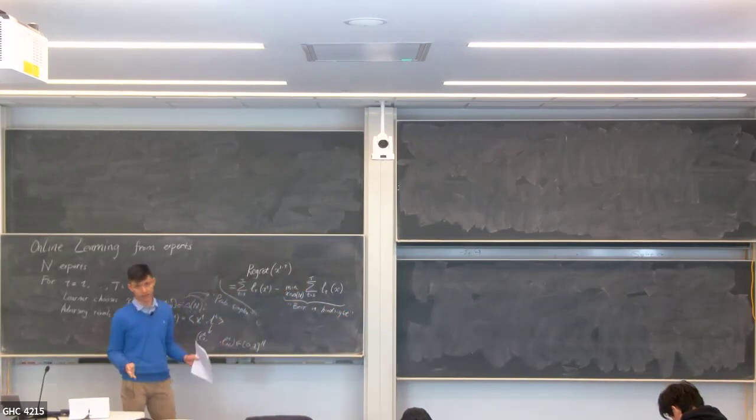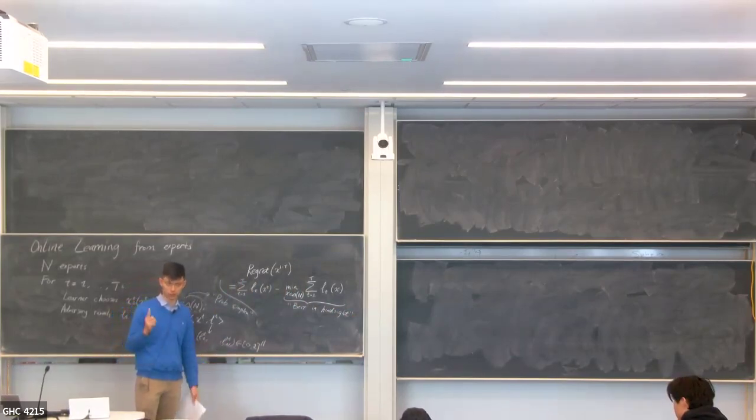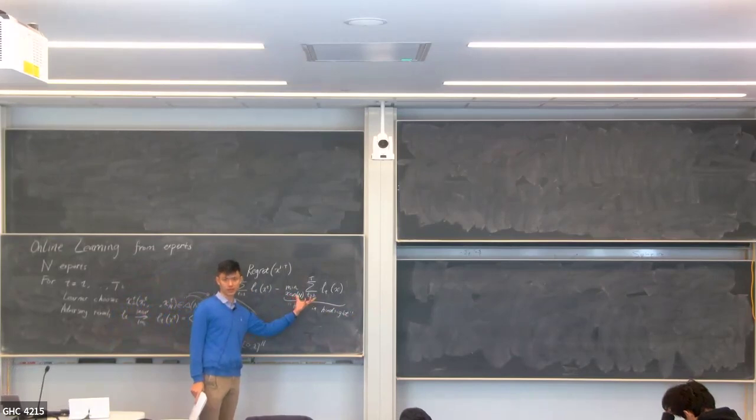If you get to look back on the entire sequence of T loss functions or T loss vectors and choose one action, that would be the lowest loss you could achieve by picking one best fixed action.